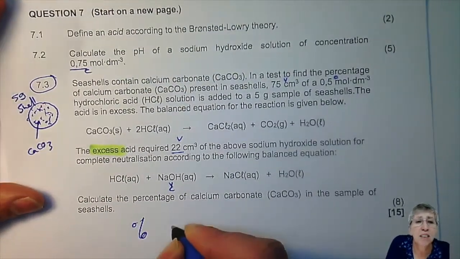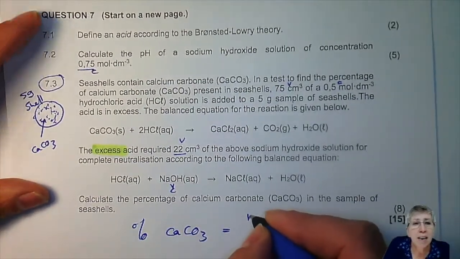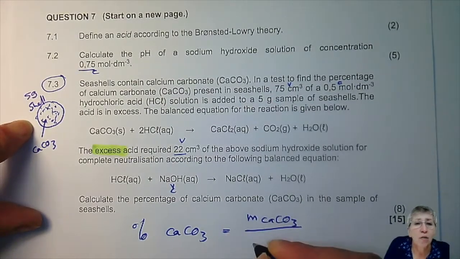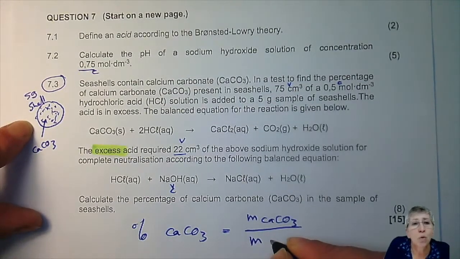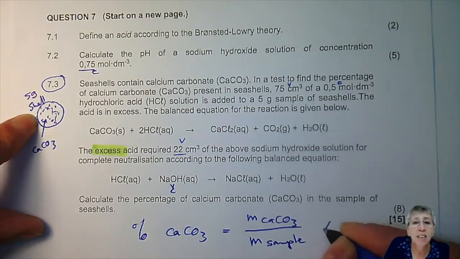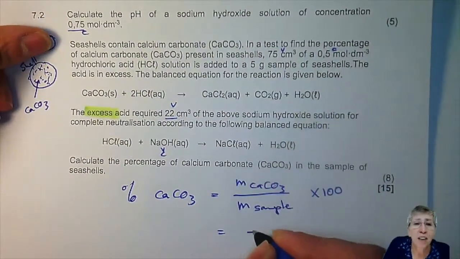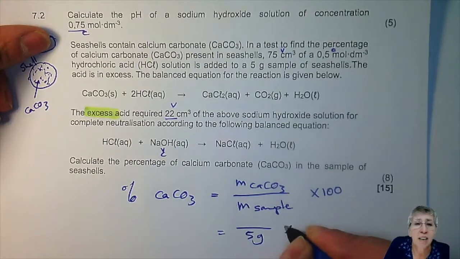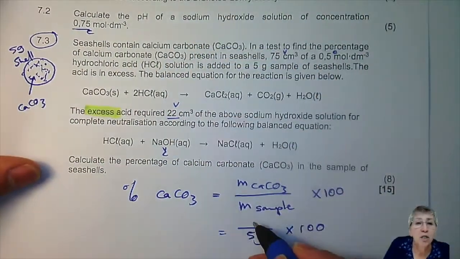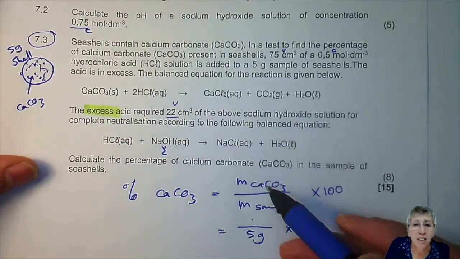Now think about percentage calcium carbonate. What I need is the mass that is really calcium carbonate out of the possible mass that is all the shell, right? The whole sample that I'm using, right, times 100. So I'm using a sample of 5 grams. And what I need now from this experiment is to determine what is the mass of calcium carbonate that is reacting.